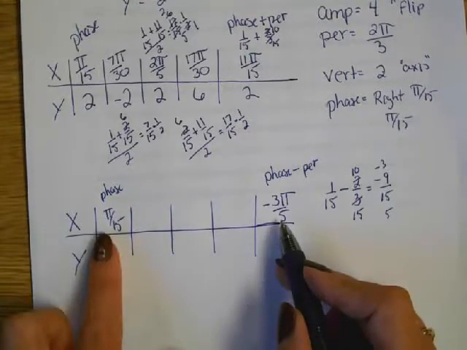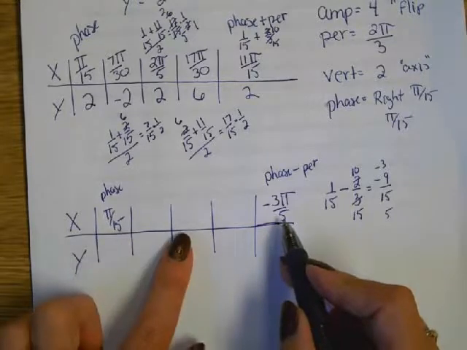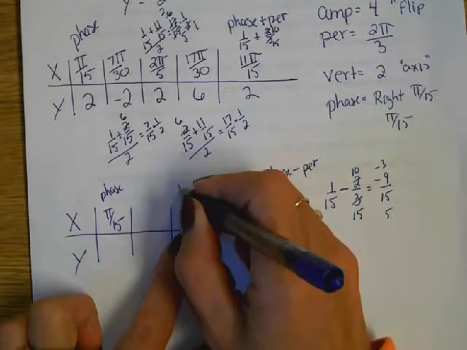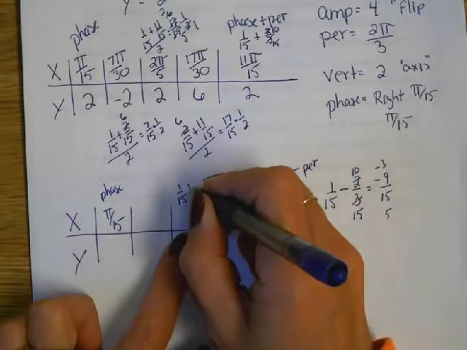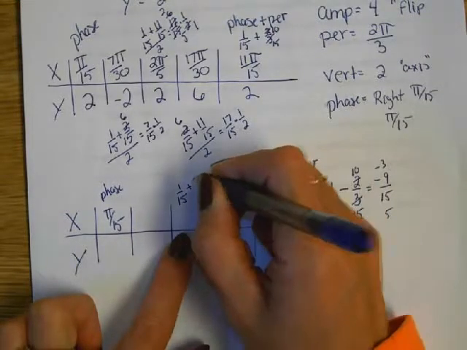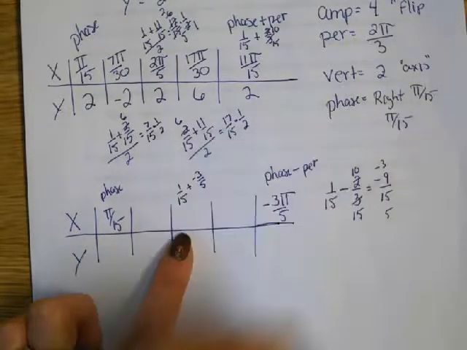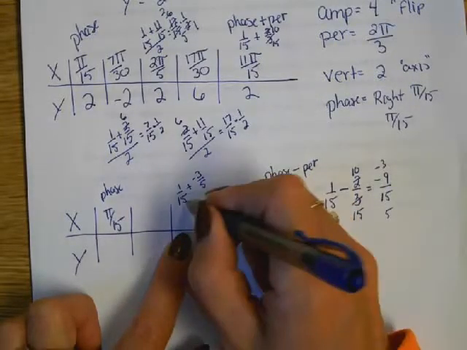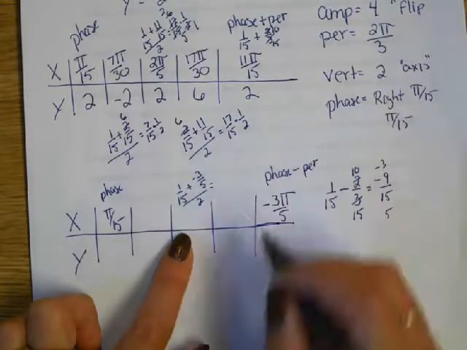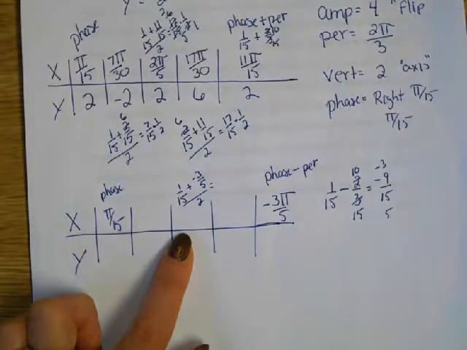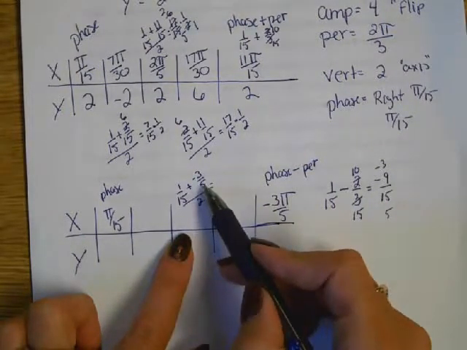And now it's 3 more averages. So for the middle here, 1/15 plus a -3/5 divide by 2. Have to get a common denominator, so we'll multiply by 3.